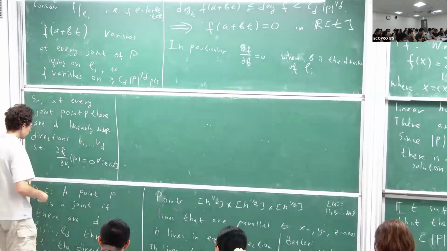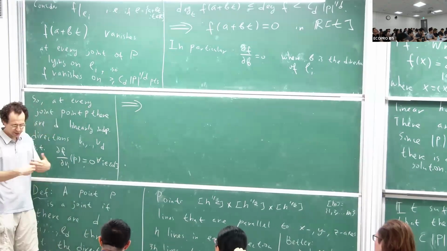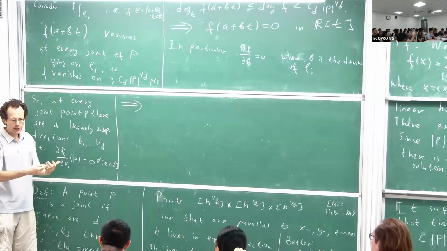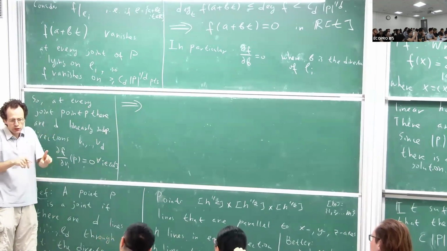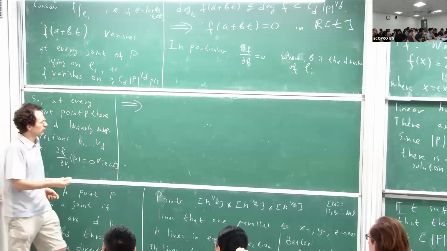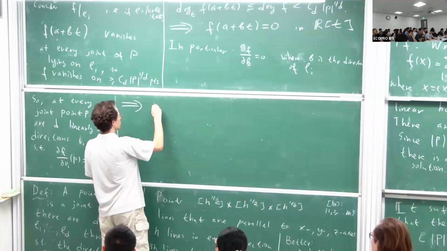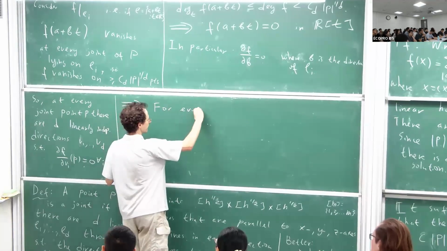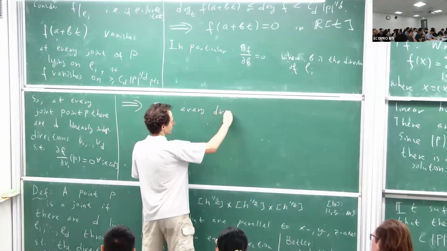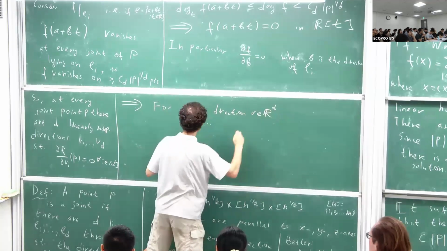So that means, since these directions span R^d, the directional derivative in any direction at this point is going to be zero. So it means for every direction d.